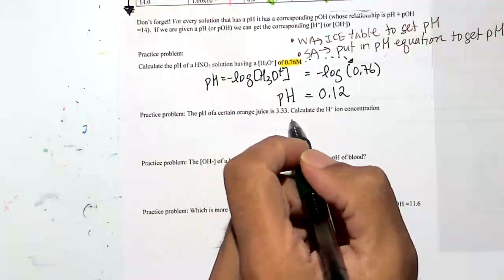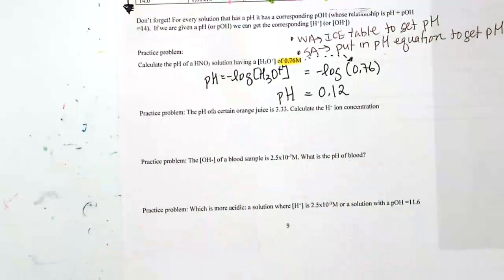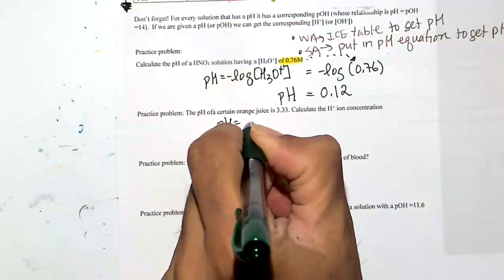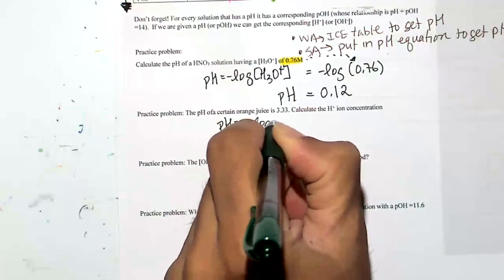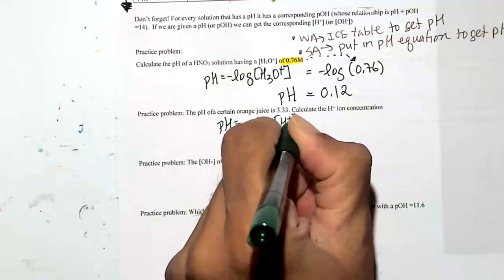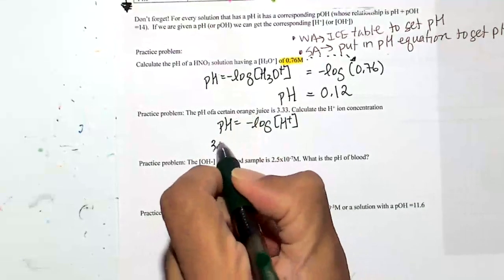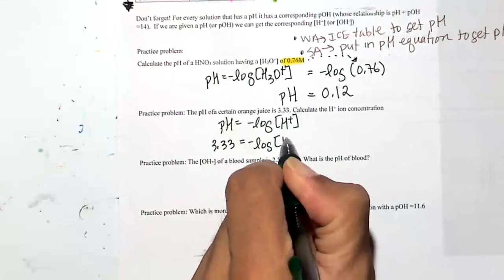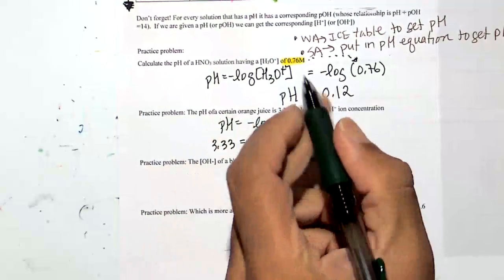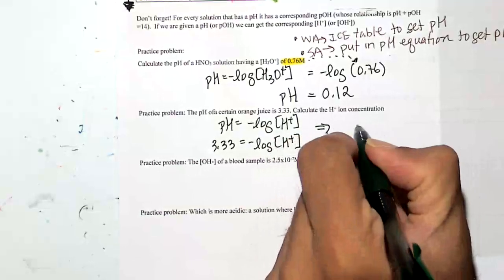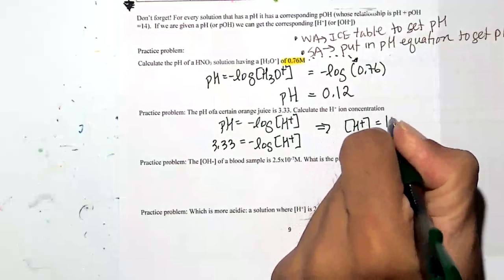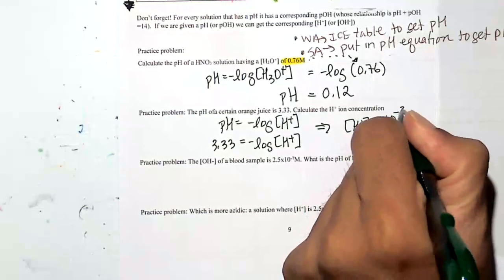All right, the pH of a certain orange juice is 3.333. Calculate the hydrogen ion concentration. Okay, so 3.33 equals minus the log of H plus. Do we know how to do this on our calculator? How will we get H plus? We'll do the anti-log.